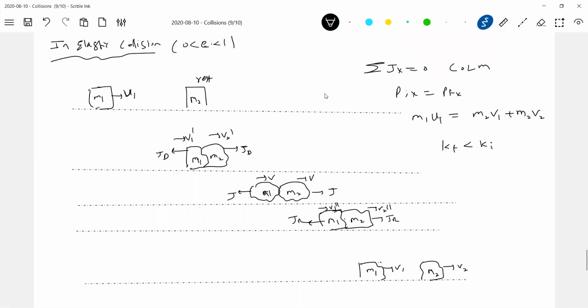Where has that energy gone? The loss in kinetic energy is converted into either deformation of the bodies, or heat, or sound energy. So the loss in kinetic energy is converted as an increase in potential energy of the bodies.